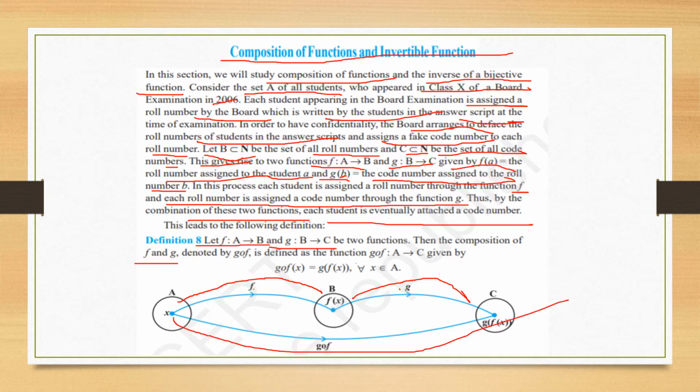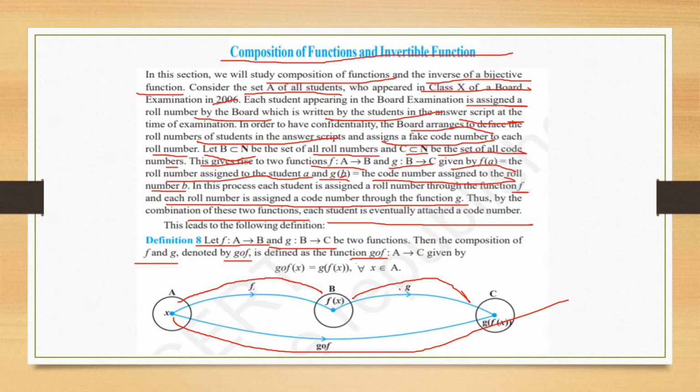Remember it. Composition of f and g is denoted by gof, not by fog. It will be defined as a function gof from A to C.